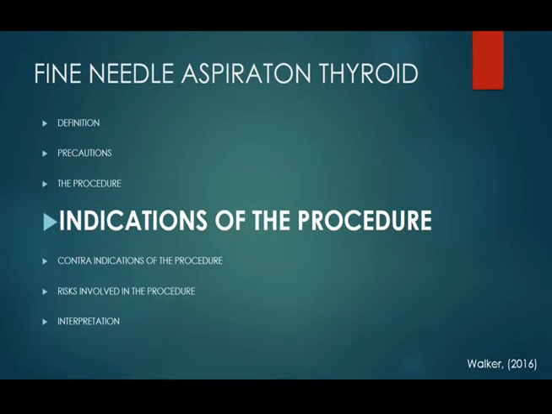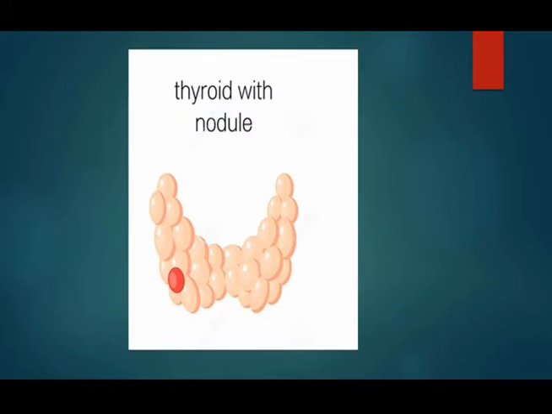Indications of the procedure: fine needle aspiration thyroid is performed when a solitary thyroid nodule of more than 1 cm, or even less than 1 cm with presence of risk factors, is present. However, it can also be performed when multiple nodules of more than 1 cm are present.